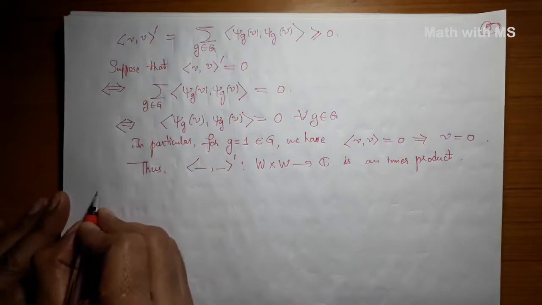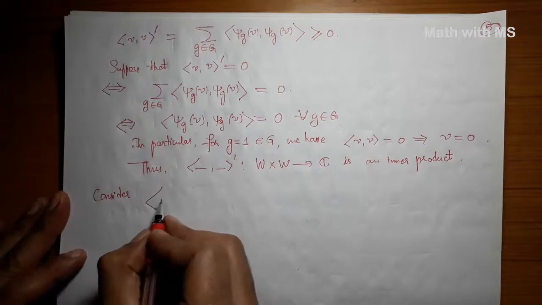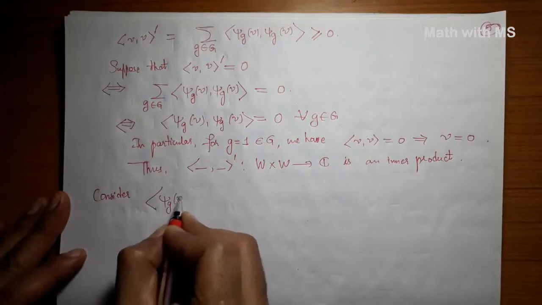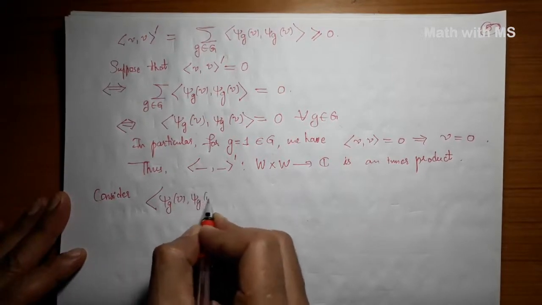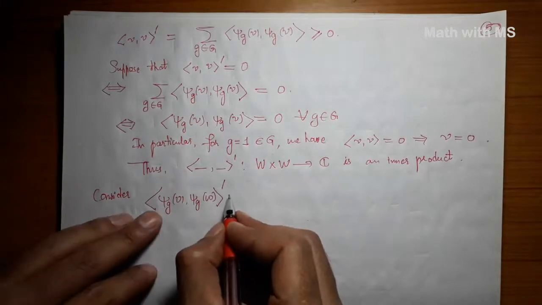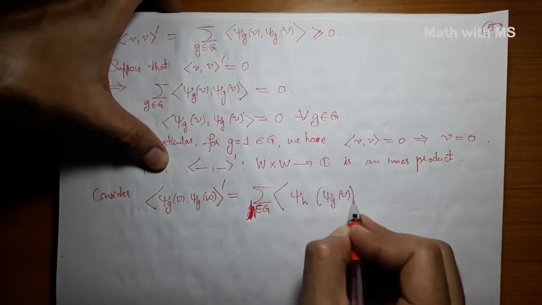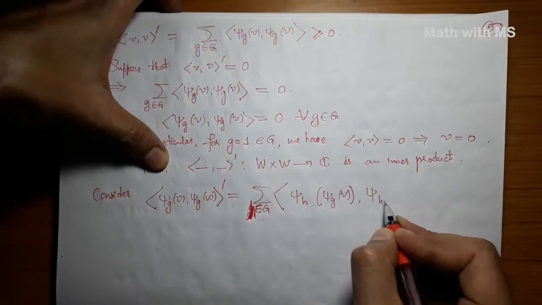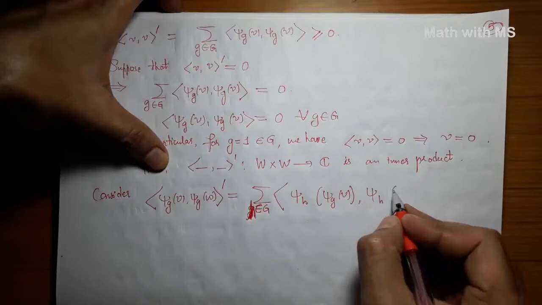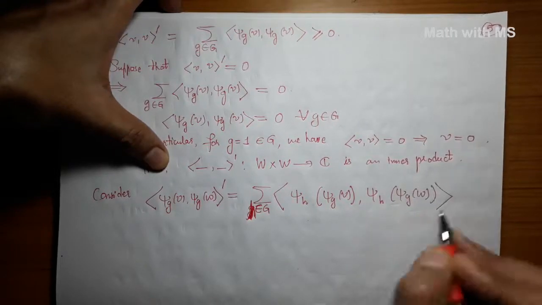Now consider this inner product of ψ_g(v), ψ_g(w), this prime: ψ_h acting on this vector ψ_g(v) and ψ_h acting on this vector ψ_g(w), with the standard inner product.